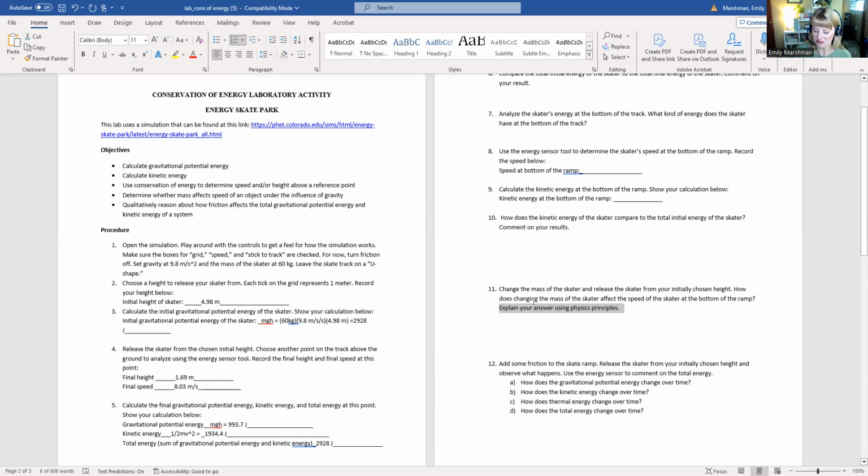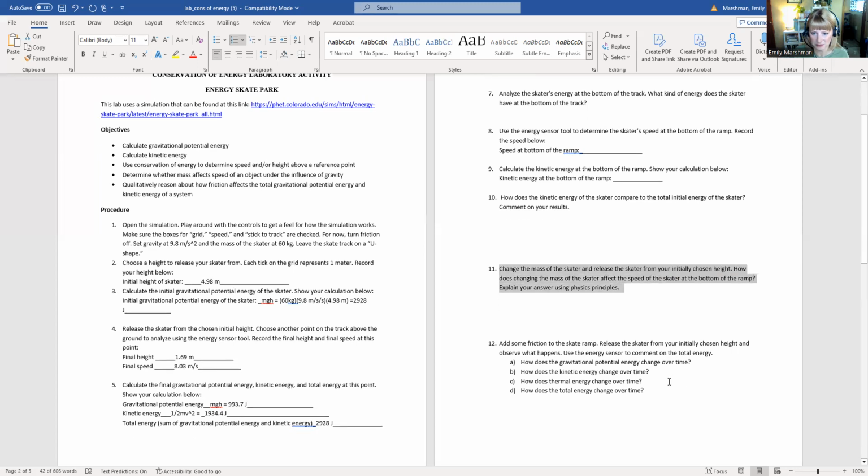If you remember from the last few chapters, if I drop something from an initial height above the ground and there's no air resistance, it doesn't matter the mass of the object, right? If I drop a feather and a brick, if there's no air resistance, they'll both fall at the same rate and hit the ground at the same time. So you should think about that when you're answering this question. Does the mass of the skater affect their speed at the bottom?